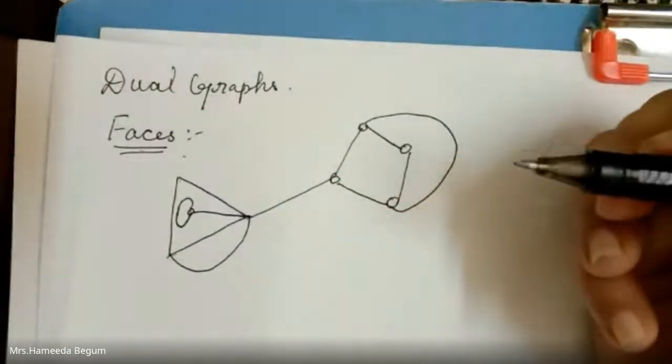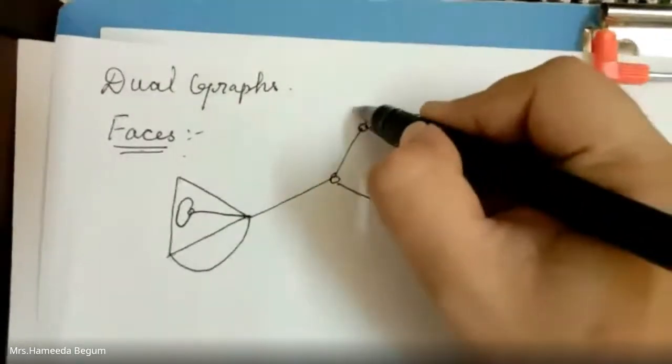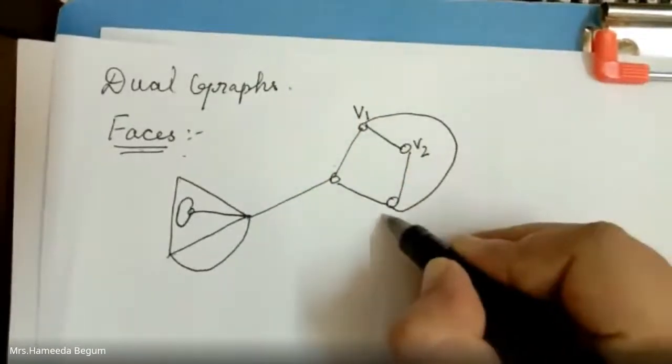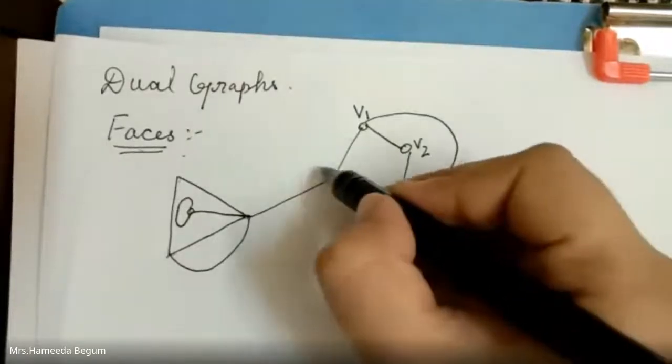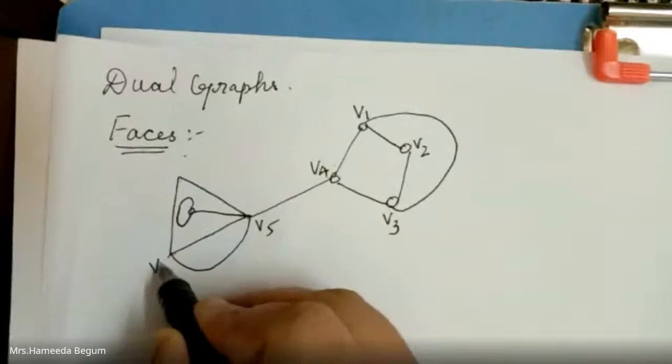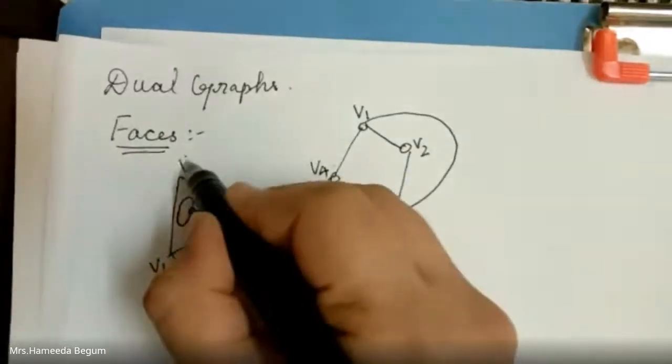Now we shall consider this plane graph and we shall name the vertices V1, V2, V3, V4, and then V5, V6, V7.